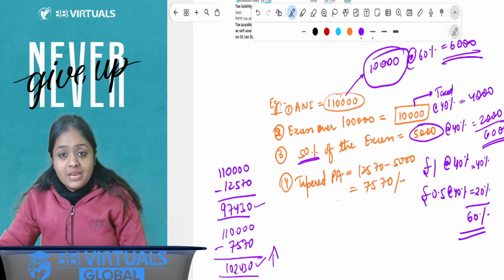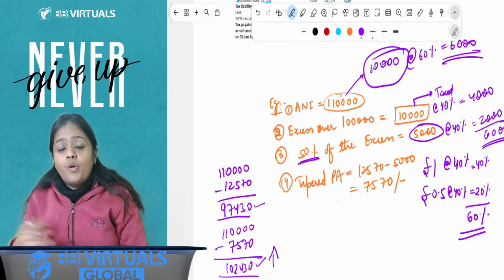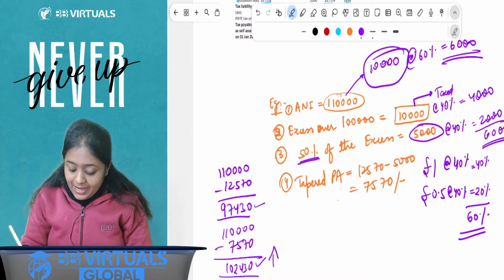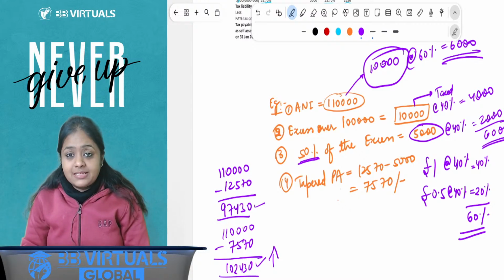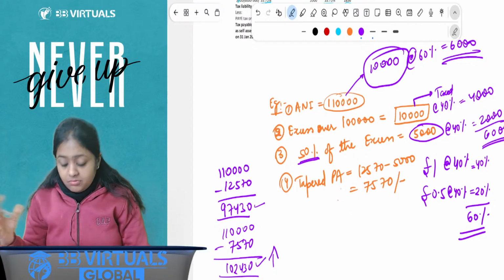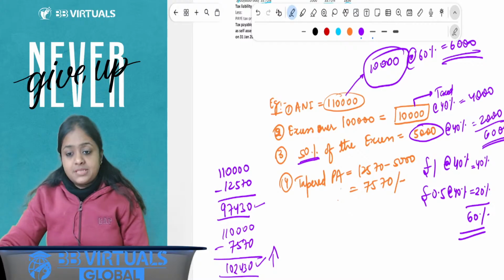I hope I'm very clear on it. Now let me take one example where, let's say, the 50% of excess is... no, I'm sorry. It will always remain 60% only because the amount relationship will always be the same. So it will be 60% only.